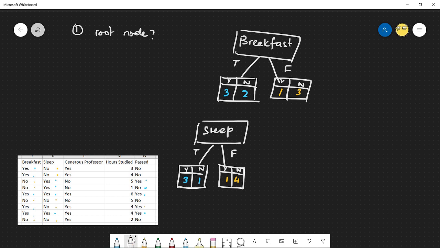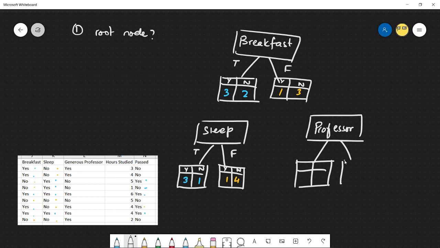Just like that, I can make another decision tree with just the professor. Again, we're only trying to figure out which of these three categories should go as the root node, and this is a very important first step in determining that.